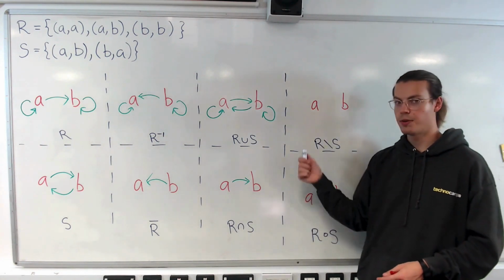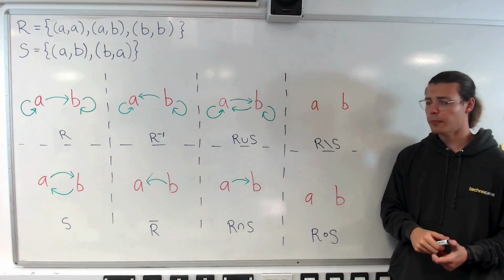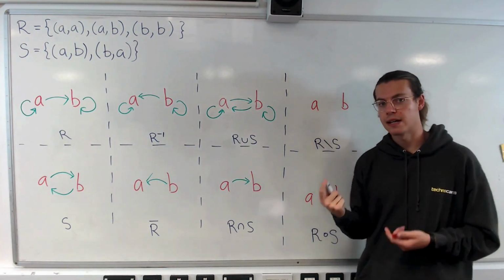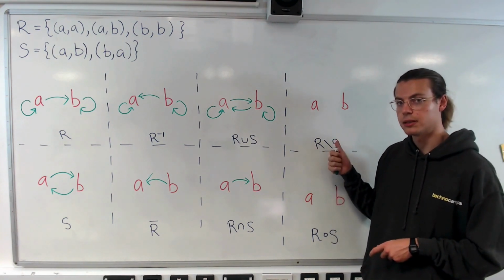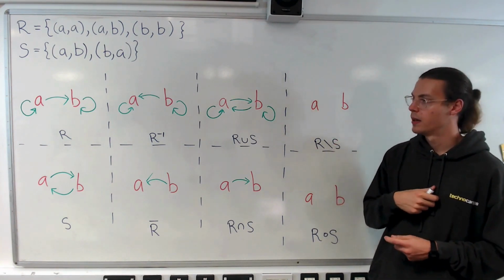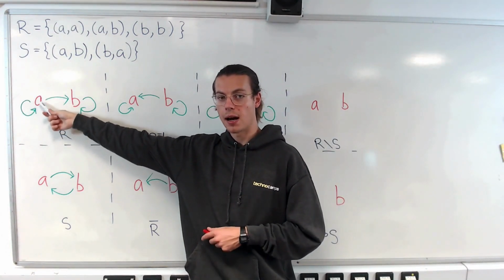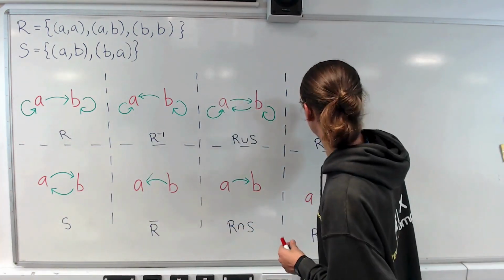Let's move on to the difference R minus S. This relation will include any pair of elements that are related by R but not S. For example, A is related to itself by R but not S, so that's included.